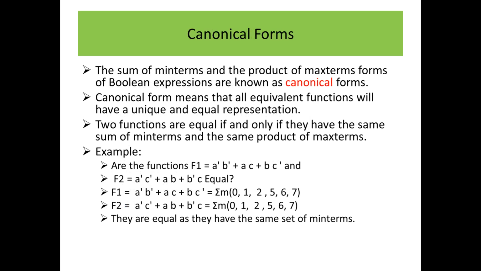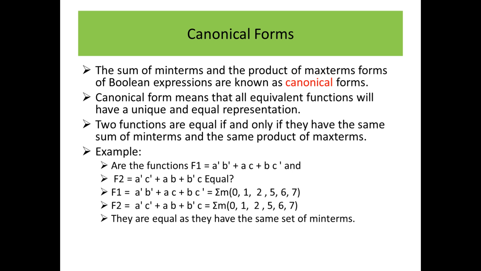Okay, next, canonical forms. See students, there are two types of canonical forms: sum of product terms or product of sum terms. Sum of minterms and the product of maxterm forms of a boolean expression are known as canonical forms. Canonical forms are also called irredundant disjunctive formula, irredundant conjunctive formula.